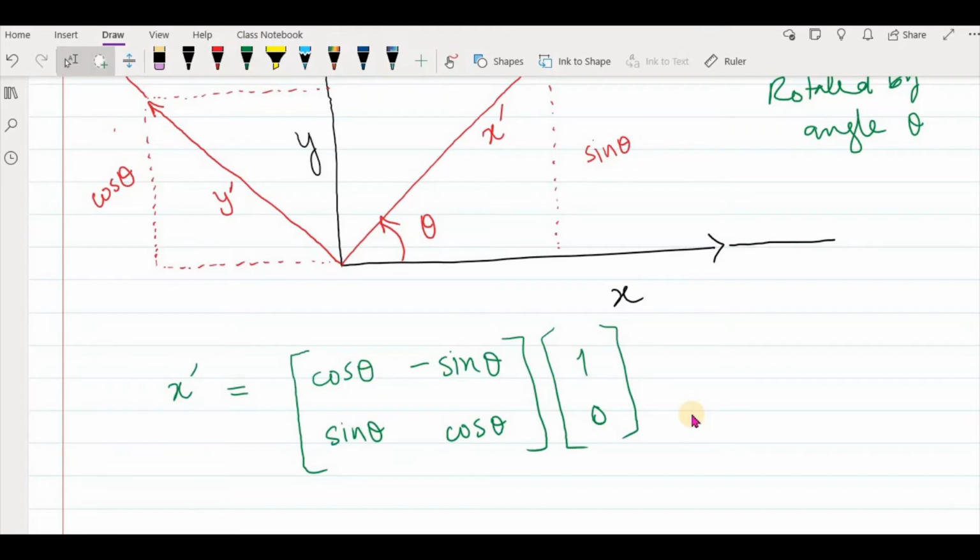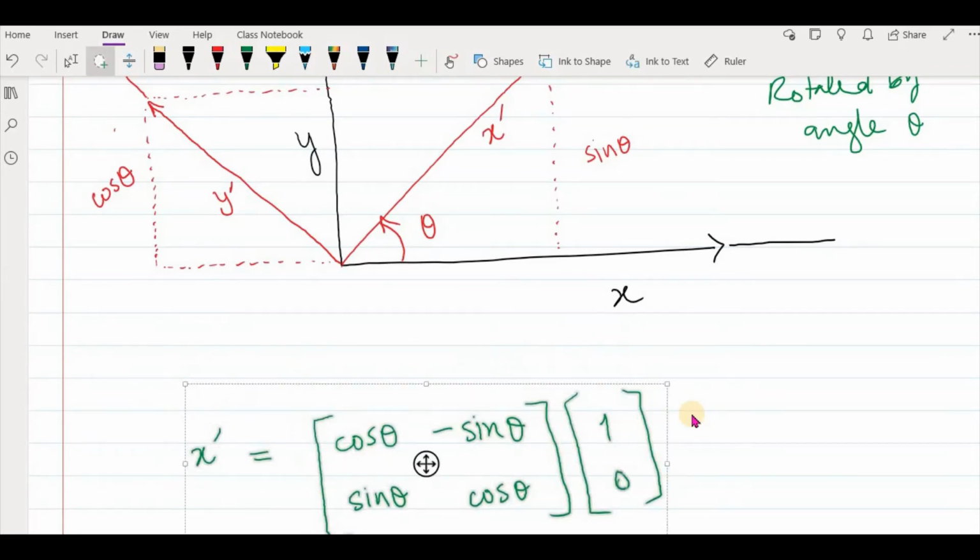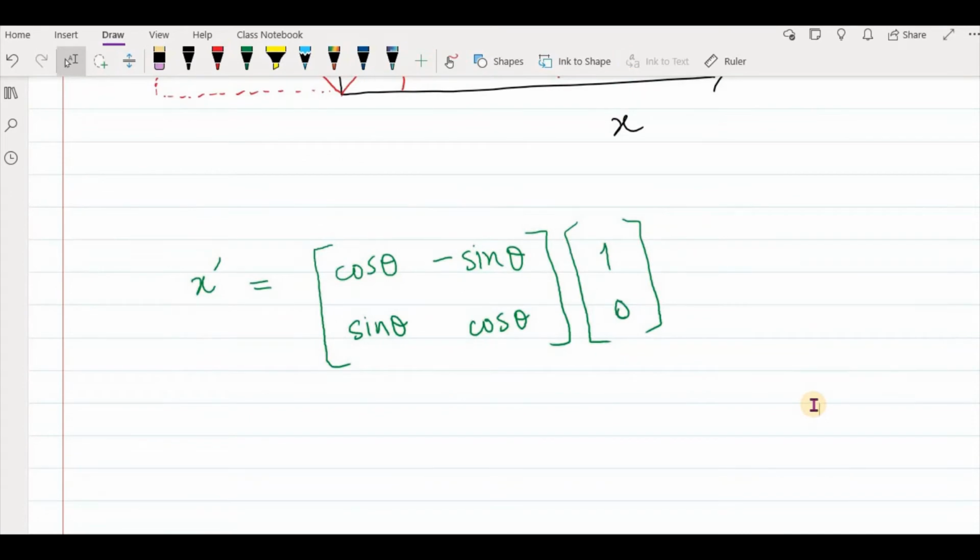So this is the x, and after multiplication you will get cosine theta and sine theta.